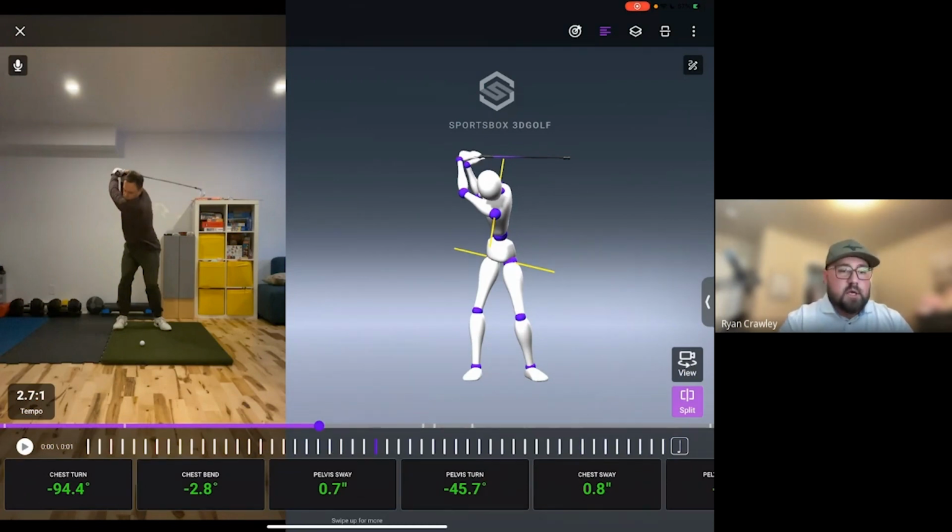The issue with this, though, is it's like we're learning to teach for the first time again, because all the years of experience that we have, we're kind of just throwing it out the window. Think about how you would normally assess a golf swing and how you figure out what you want to help that player with.